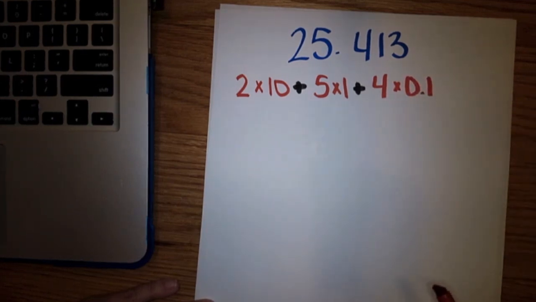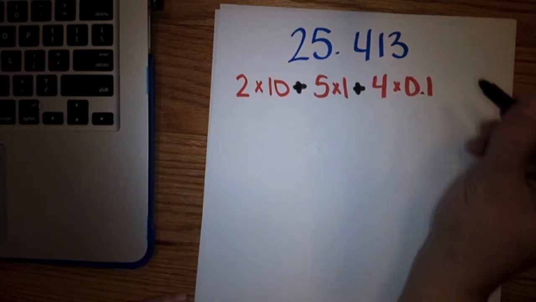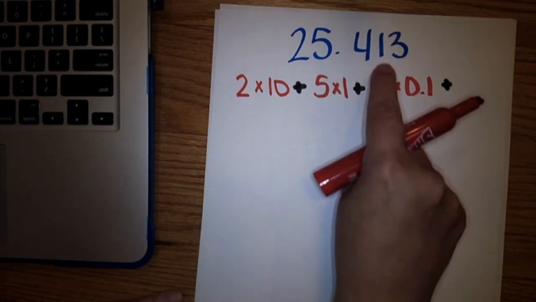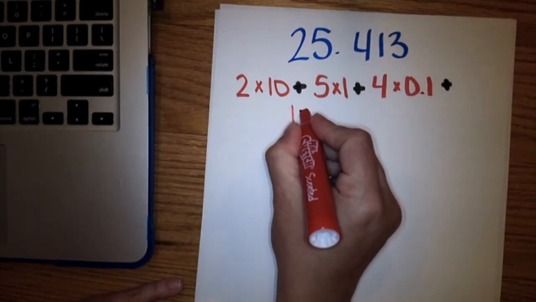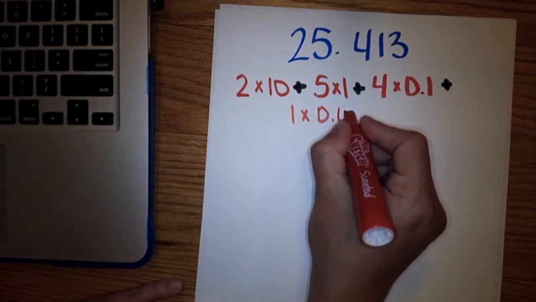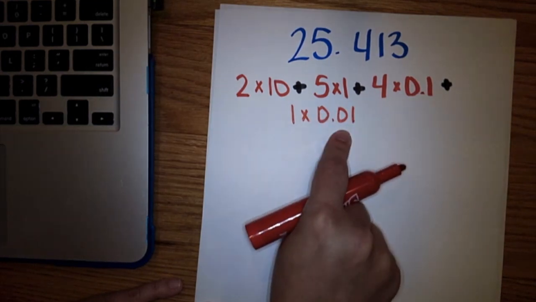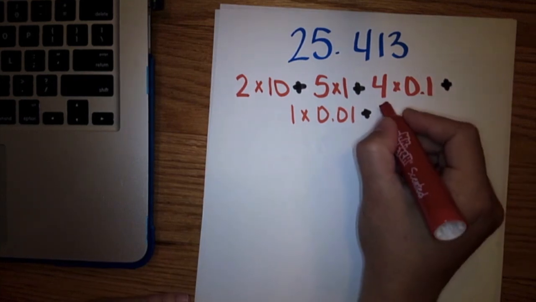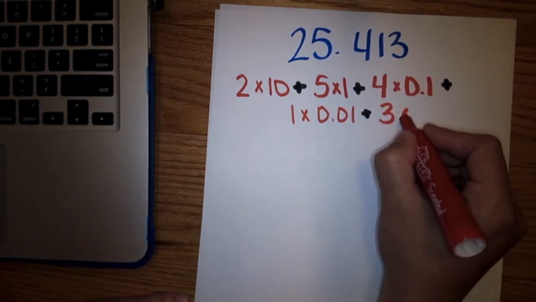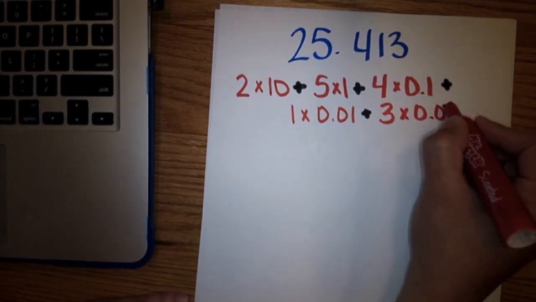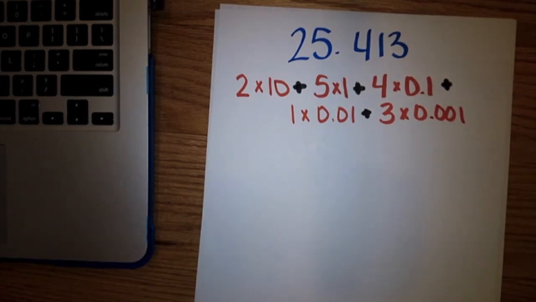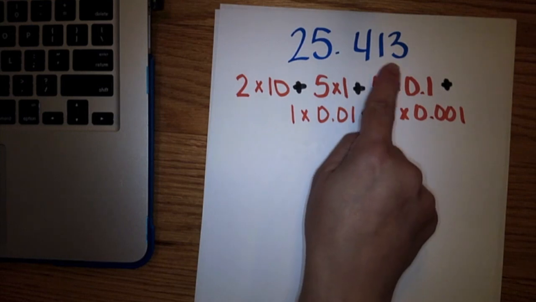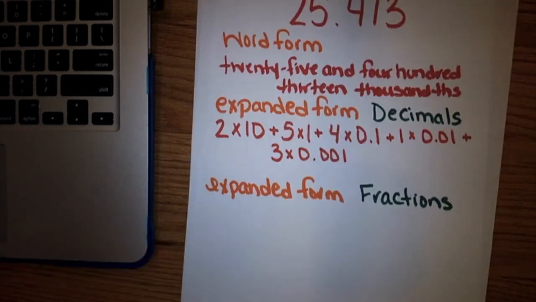So 4 groups of 1/10. Then we're going to add that to 1 group in the hundredths place. 1 times 1/100th. And then we're going to add that to 3 groups of 1/1000th. And that is expanded form using these decimals.